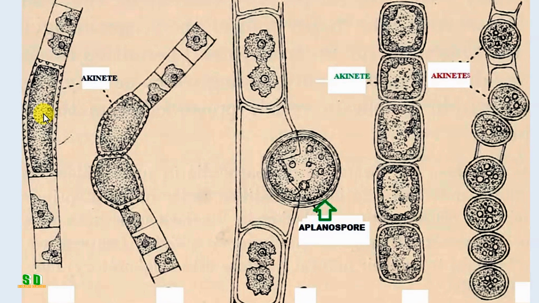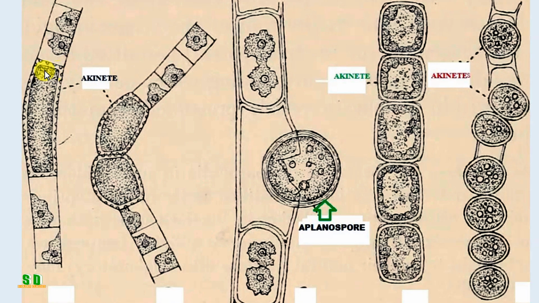Now another way of asexual mode of reproduction is by akinete. What are akinetes? These are thick-walled elongated spores formed during dry conditions from the vegetative cells of some filamentous algae. So you can see here one of the cells of the filament is totally changed into an akinete.